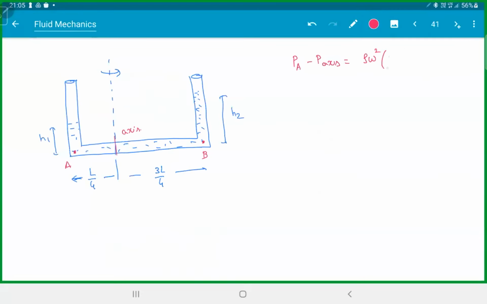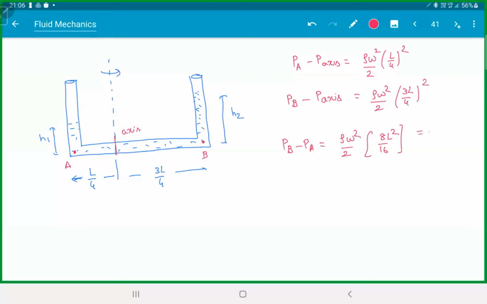So here x is L by 4, whole square by 2. Similarly PB, this formula is always valid from the axis. You can't do between A and B directly. Rho omega square by 2, 3L by 4 whole square. So if I subtract them, I get PB minus PA will be rho omega square by 2 times 9L square by 16 minus L square by 16. That will get 8L square by 16, so rho omega square L square by 4.